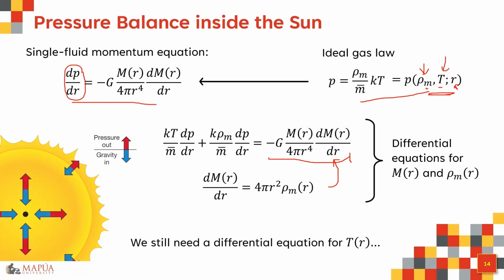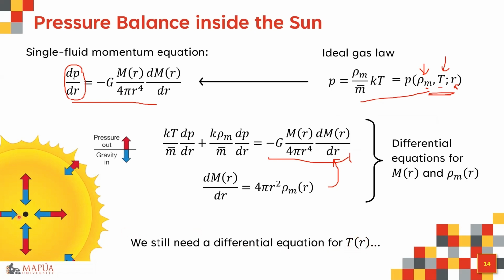So to complete everything, we still need a differential equation for the temperature variations, because from the two differential equations that you saw earlier, we can solve this term and this term. And from here we can come up with another differential equation to determine how temperature varies with position.